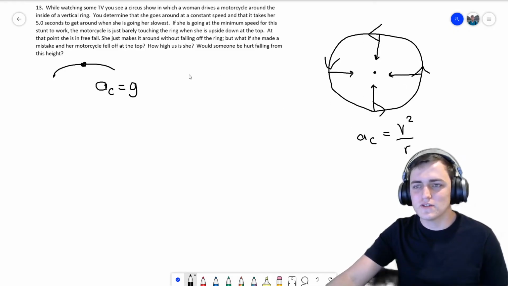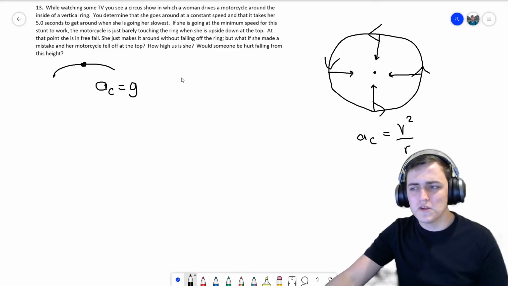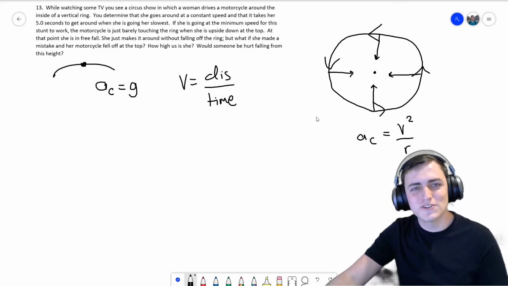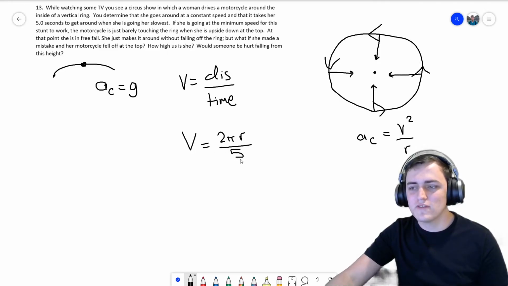We know it takes her 5 seconds to travel around the circle. If we think about velocity as distance over time, what distance is she traveling? She's traveling a full circle. That's the circumference, and if you remember the equation for circumference, it is 2 pi r. And that takes her 5 seconds, so you can put it over 5.